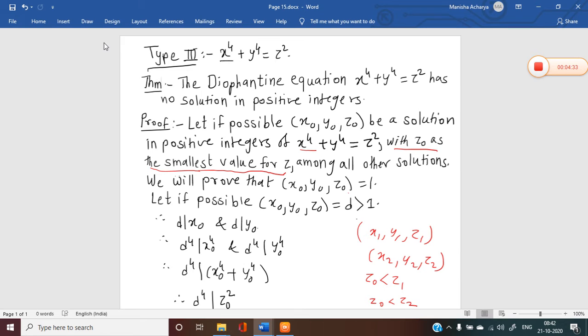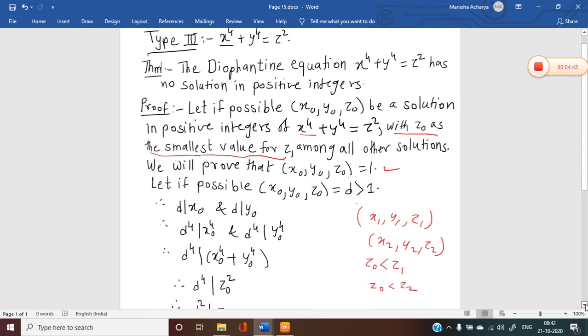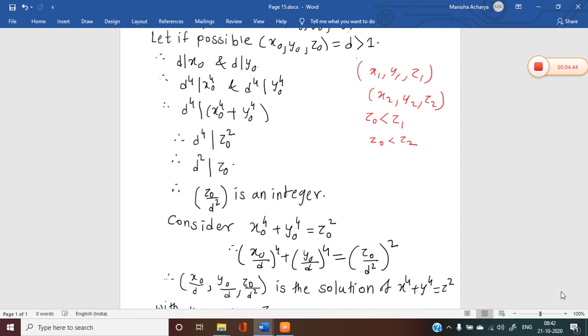Here also we have to show that they are relatively prime, so we assume that, if possible, they are not relatively prime. That means they have a GCD d which is greater than 1. Then by the definition of GCD, d divides x0 and d divides y0. Therefore d raised to 4 divides x0 raised to 4, and d raised to 4 divides y0 raised to 4.